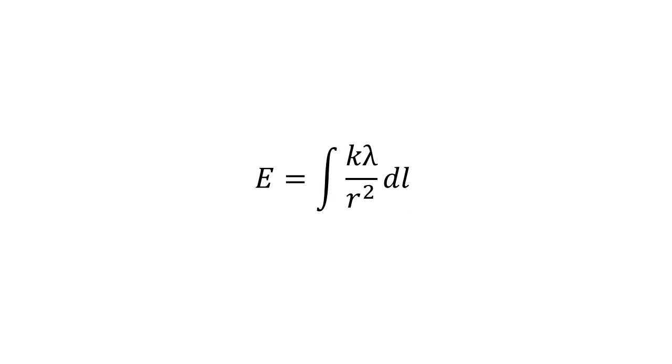Now that we know what dq is, we can rewrite the integral as E, or the electric field, equals the integral of k times lambda over r squared dl, where k is a constant, lambda is the charge per unit length, and r is the distance of the charge element to x.